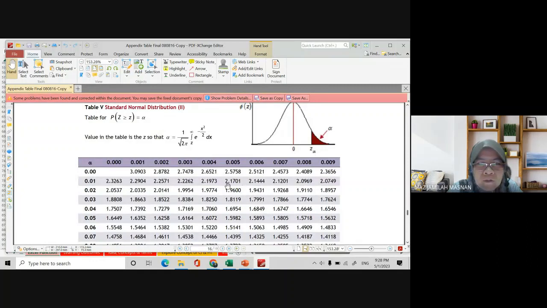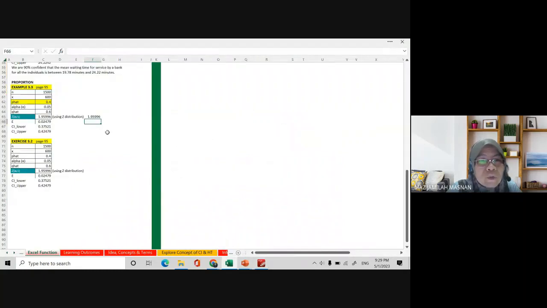In this case, the table gives you directly 1.96, and using your Excel, you also get 1.96 from the approximation. Okay, is it clear, class?